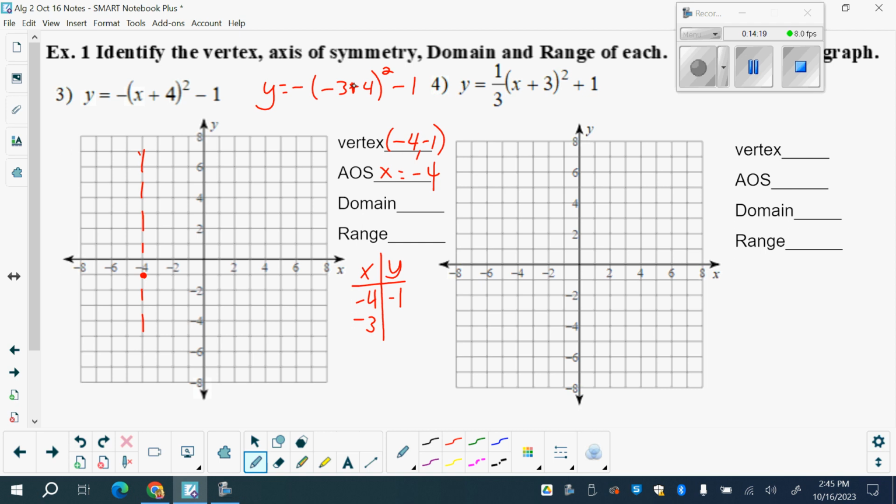Negative 3 plus 4 is 1. Do we do the exponent next, or the negative? The exponent, so we square the 1, and the negative comes last. So this would be negative 1 minus 1, or negative 2. Questions on that? Because that one is where students often make mistakes.